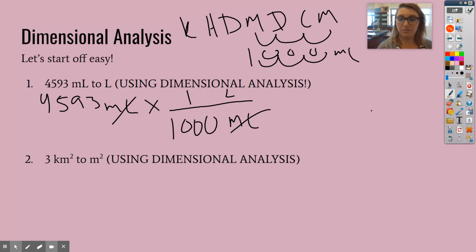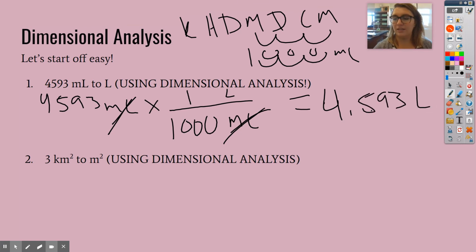Then you're just going to multiply, cross off the units, which we already did, cross off milliliters. Do 4,593 divided by 1,000, 4.593 liters.